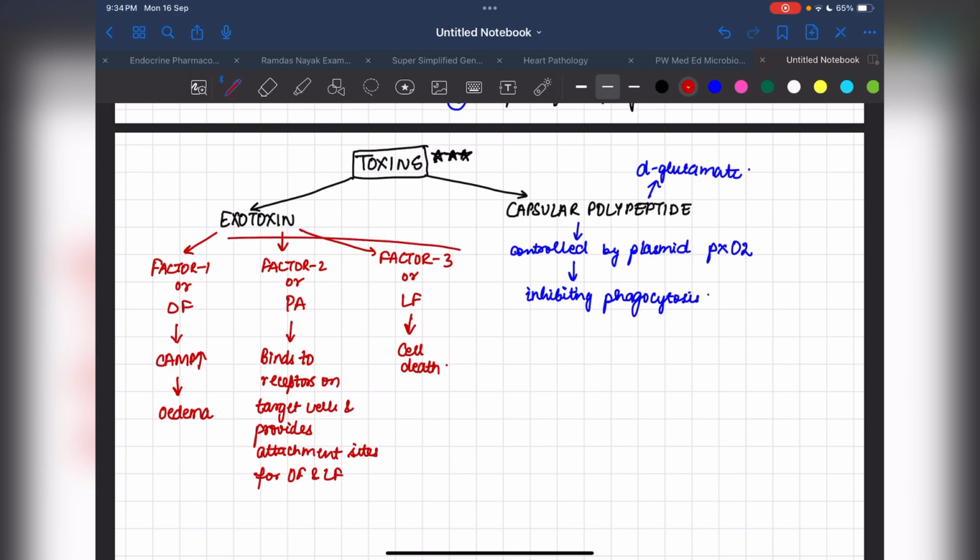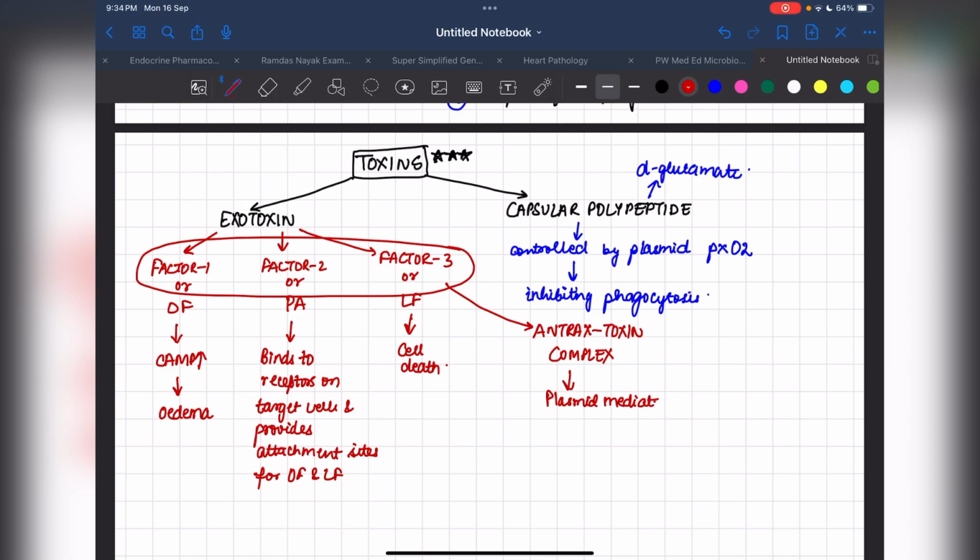These three do not act as individual toxins. They act as anthrax toxin complex, which is again plasmid mediated and not chromosomally mediated.